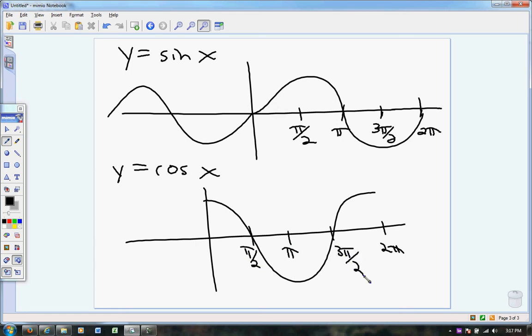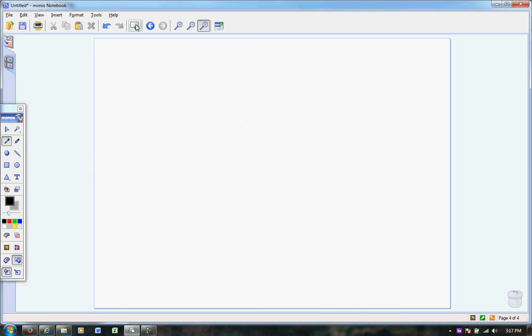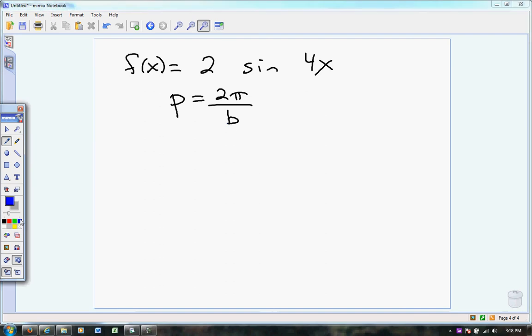Okay, so if you remember last year, let's say that my function was 2 sine of 4x. For example. Just to refresh your memory, we find the period by doing 2 pi divided by b, and b is this number.